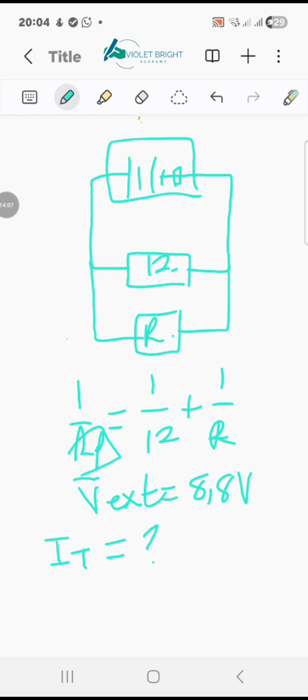Why am I saying that? Because we know that V external is equal to I times R external. The only resistors that we have are resistors in parallel, so V external is R parallel multiplied by the current here. So we need to find the current first.